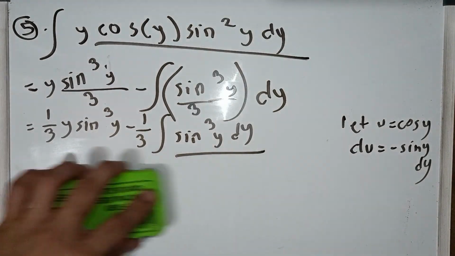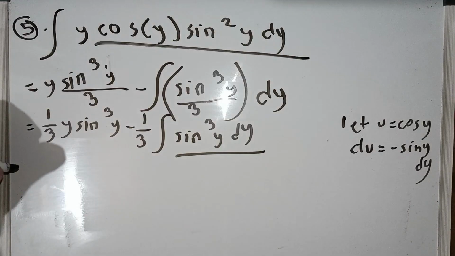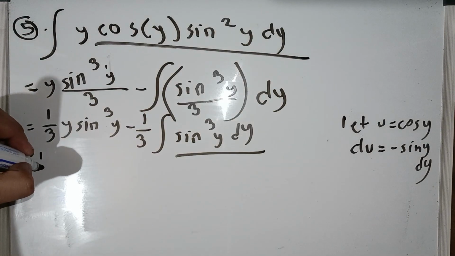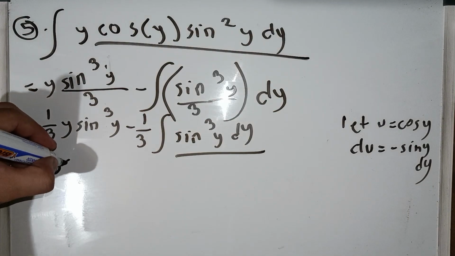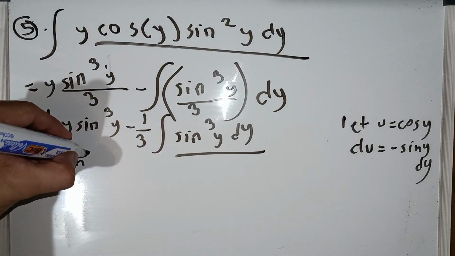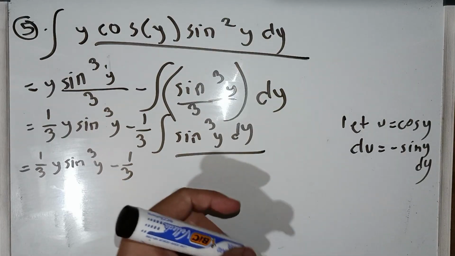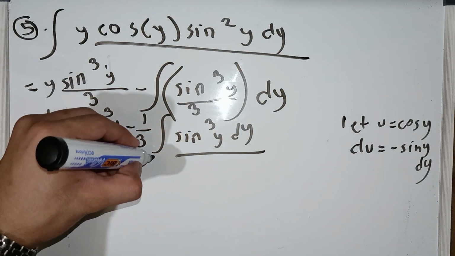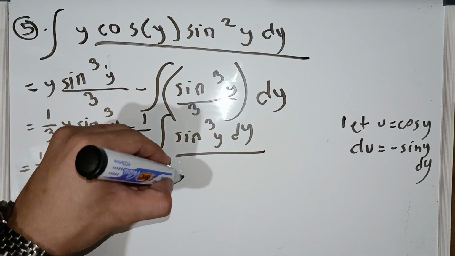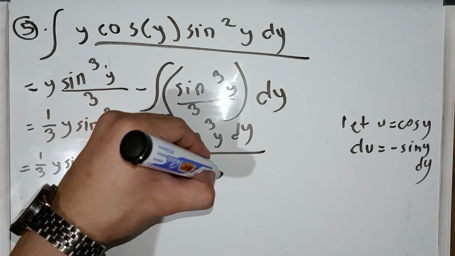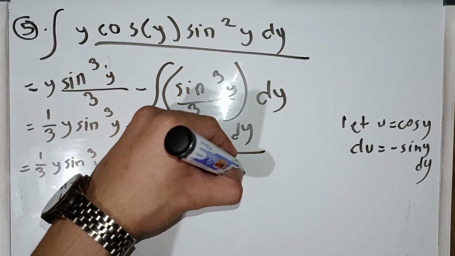Since we have the value of this as negative, let's put this first. So 1/3 y sine cube y minus 1/3, since we have this, which is equal to 1 minus u squared du.